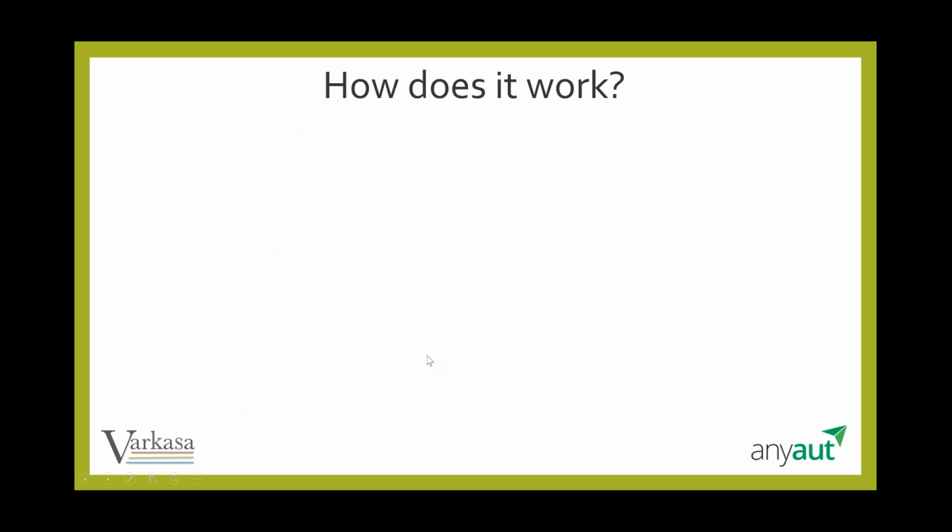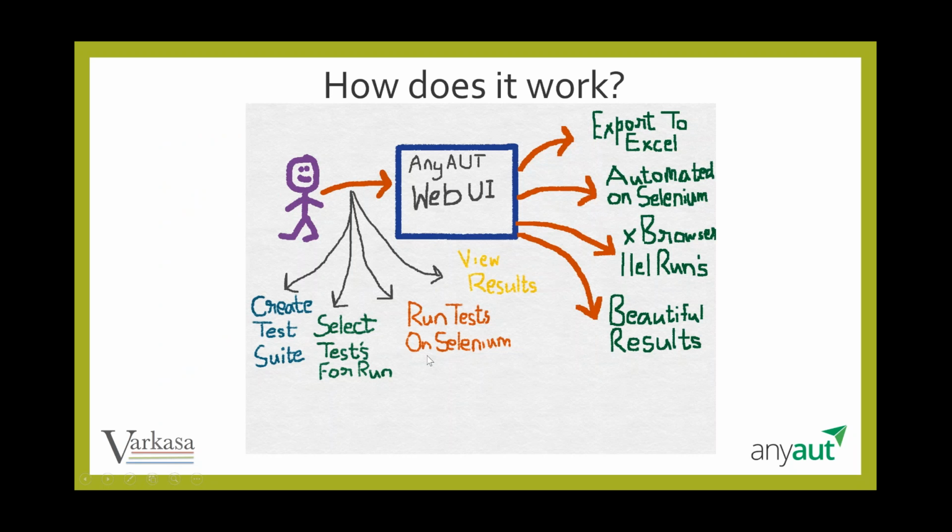That's the other challenge. Now, how does Selenium fit into the whole concept of AnyAUT? So here's a quick diagram that I drew. It kind of tells the story. A user is primarily working with AnyAUT, which is a web UI tool. He or she can create a test suite where they can maintain test cases, modules, test steps, and so on.